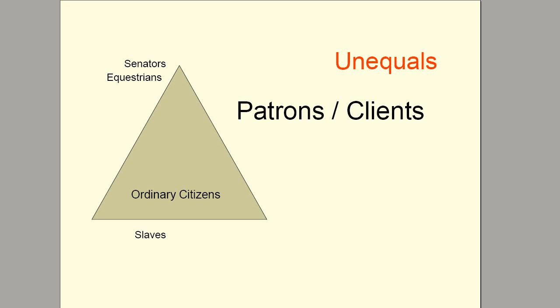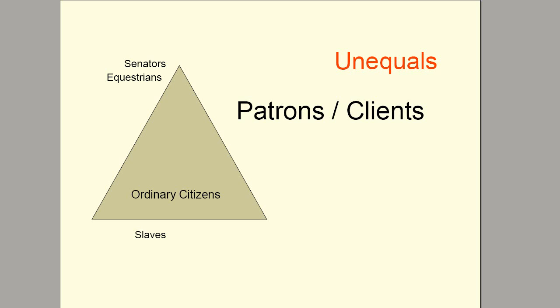So we're not just talking about only senators being patrons. Senators might be patrons of equestrians and people lower, but equestrians themselves, who are clients of senators, might be patrons of people lower on the social scale. So this goes all the way up and down the Roman social and economic hierarchy. Also, the patron-client relationship is not limited by gender.